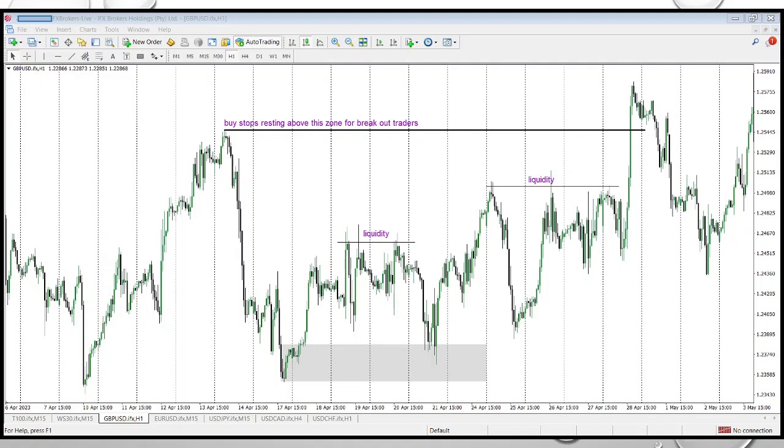Now, buy stops, as you can see here, the price pierced above it, and most often there will be traders that want to be a buyer above that high, and often the case is that it will be a false breakout.